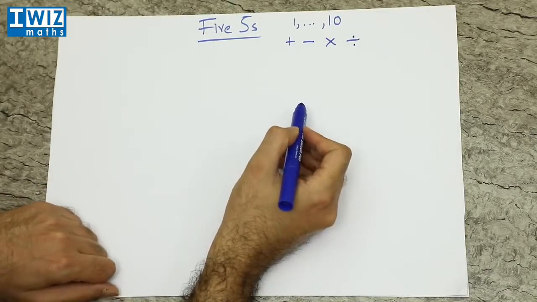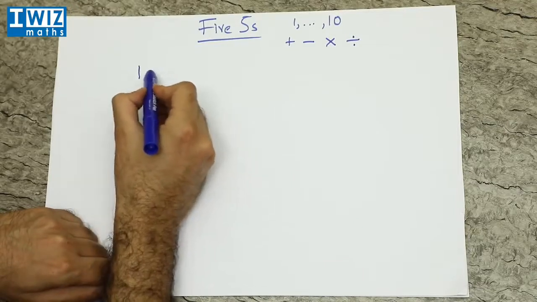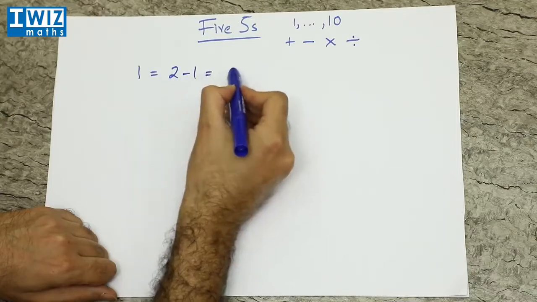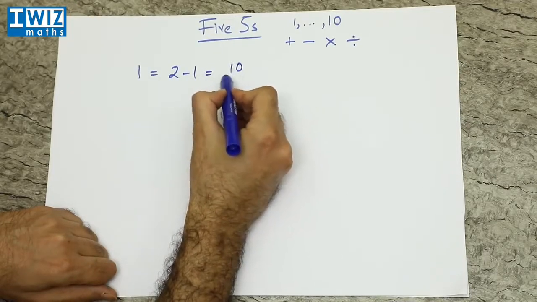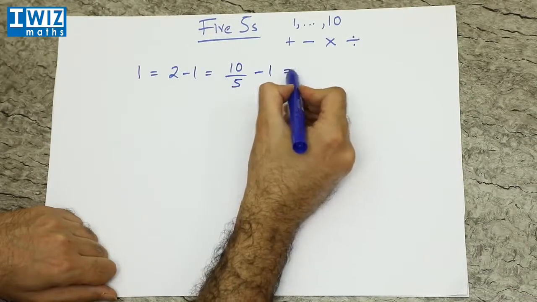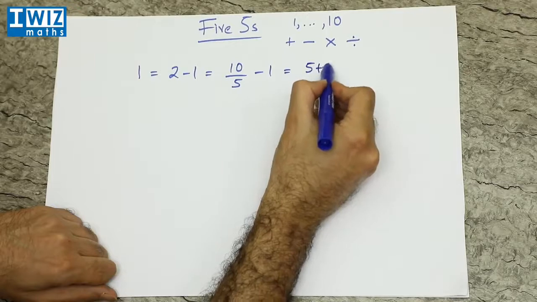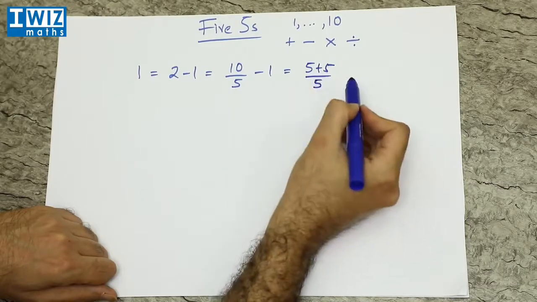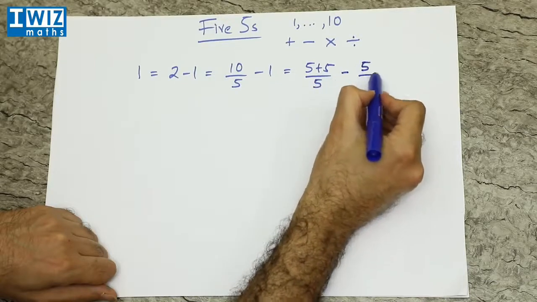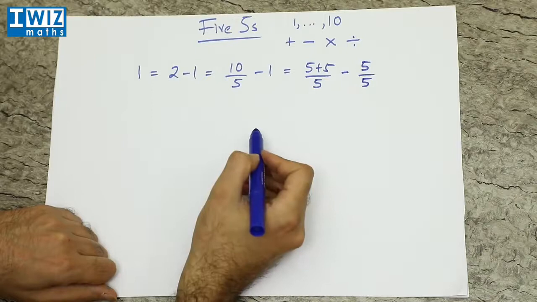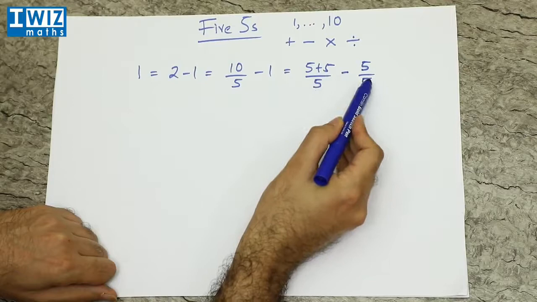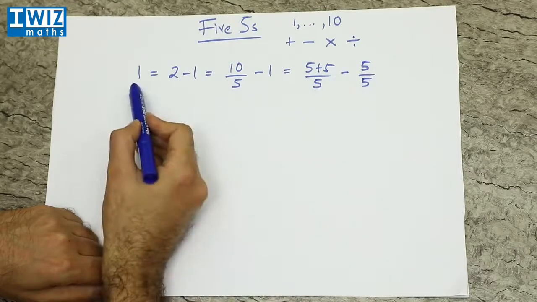So if you want to get to the number 1, 1 can be written as let's say 2 minus 1, which can be written as 10 divided by 5 minus 1, and that would be (5 plus 5) divided by 5 minus 5 divided by 5. So that is 10 divided by 5 is 2 minus 1, and so 2 minus 1 is just 1.